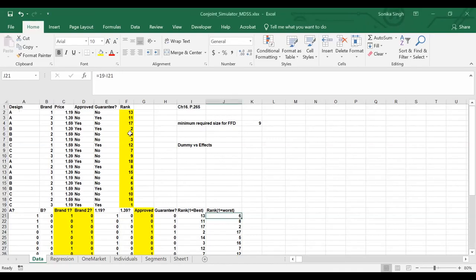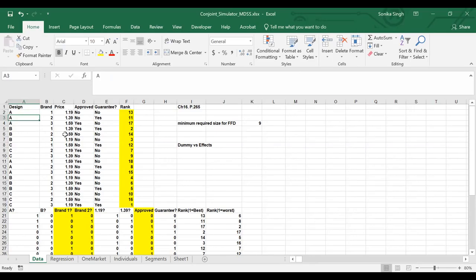Here is an example of a conjoint design that was given to an individual consumer, and the consumer was asked to rank the different options. There are three designs given to the consumer, A, B, and C. One attribute is design with three levels, that is three types of designs, A, B, and C. The second attribute is brand, so there are three brands.